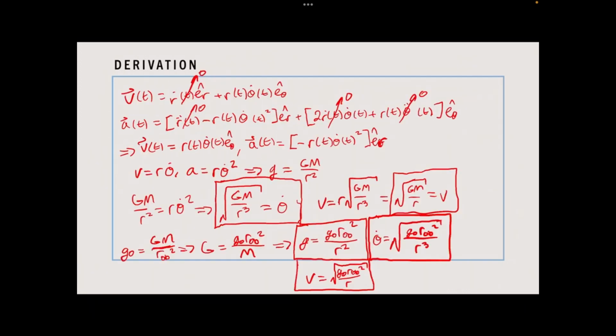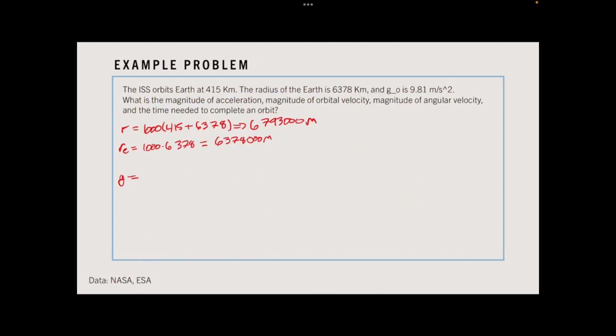And g, as we stated earlier, in terms of the variables that we know here, is g naught r e squared divided by r squared, which is going to be 9.81 meters per second squared times 6,378,000 meters squared, divided by 6,793,000 meters squared. The meters squared in the top and the bottom are going to cancel out, and we're left with meters per second squared, so the units still check out.